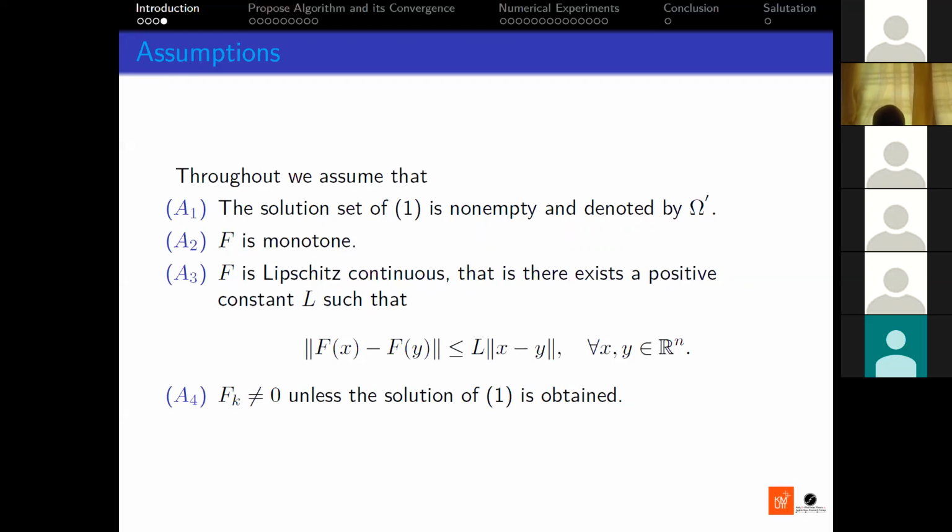And A3 is that the function is Lipschitz continuous, meaning it satisfies the inequality below. And finally, unless the solution is obtained, we assume that fk is not 0, meaning the function evaluation of f at xk is a non-zero vector unless the solution is obtained.